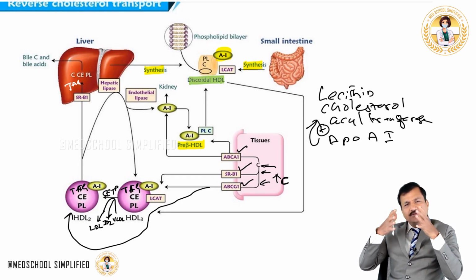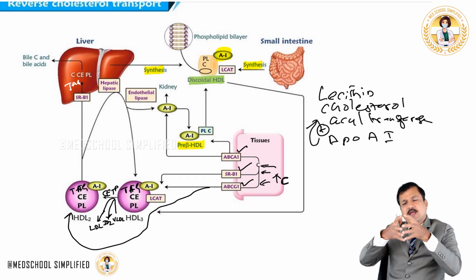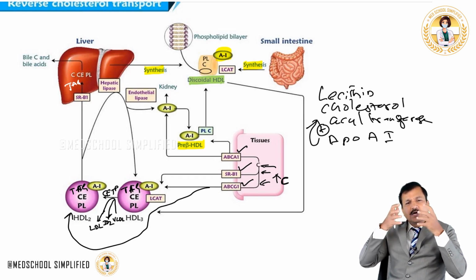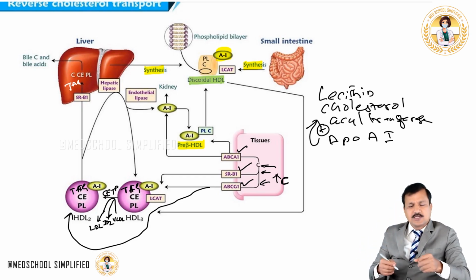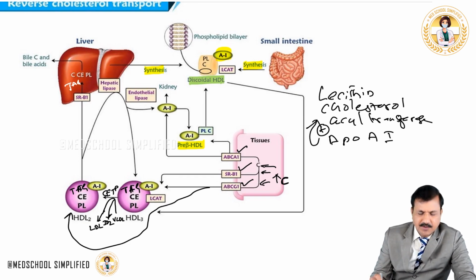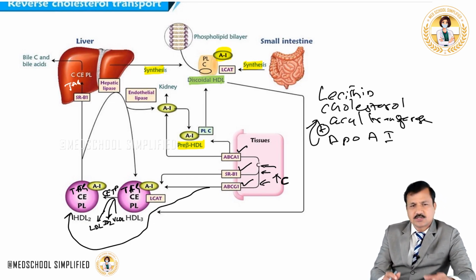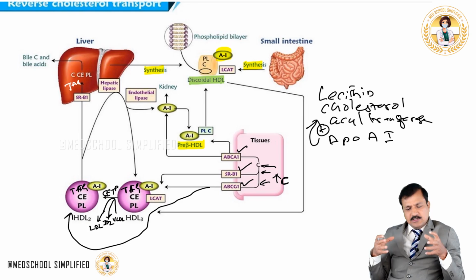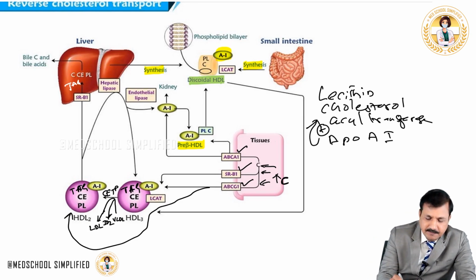Nascent discoidal HDL, which is disc-like in shape, is now becoming spherical because of the loading of cholesterol ester. Mainly, it is the cholesterol ester that is increasing here in the HDL3 molecule. Because of this increase in cholesterol ester, the interior core of this molecule is becoming big.